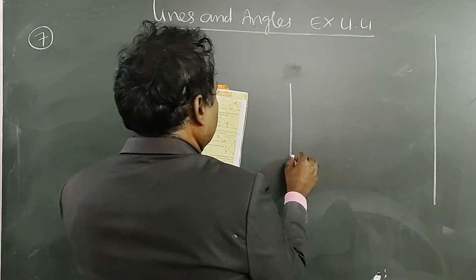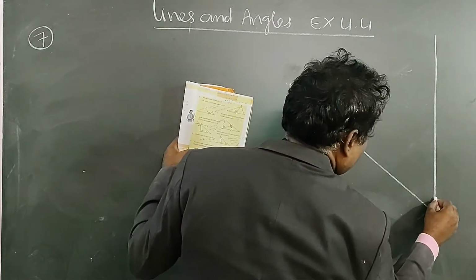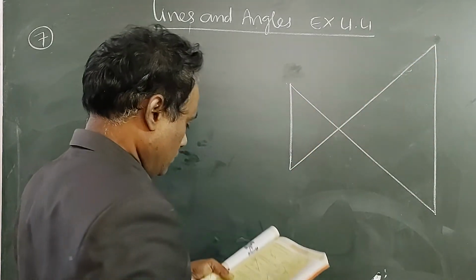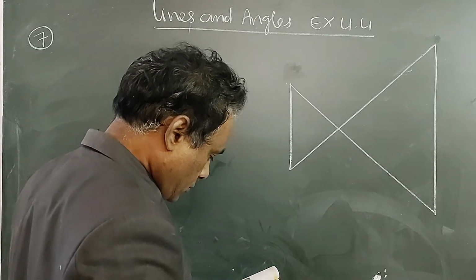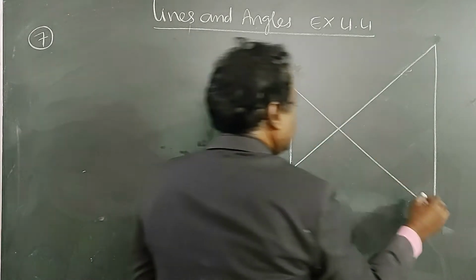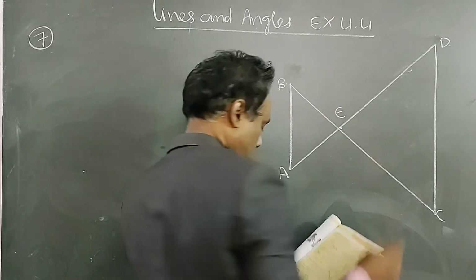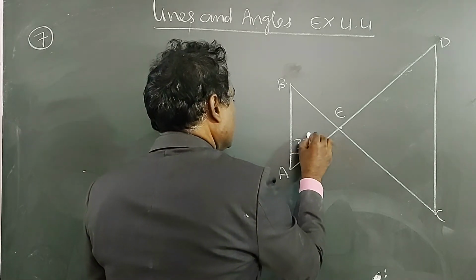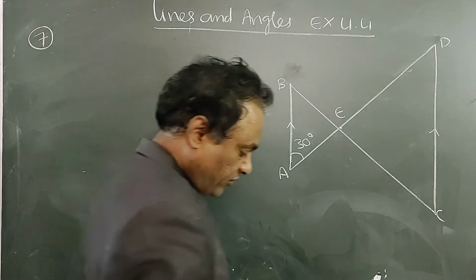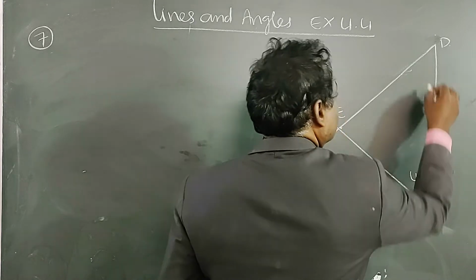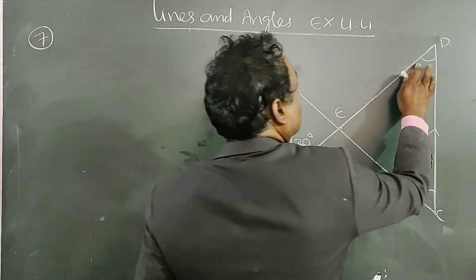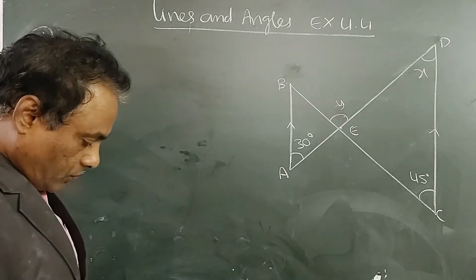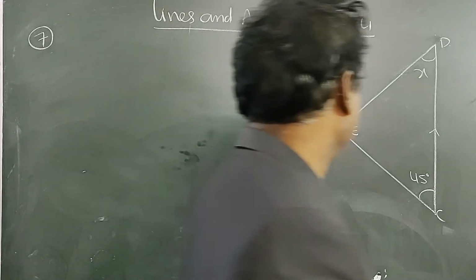Draw the diagram from the textbook. So 30, 45, x, y.